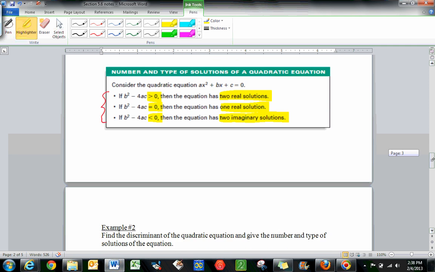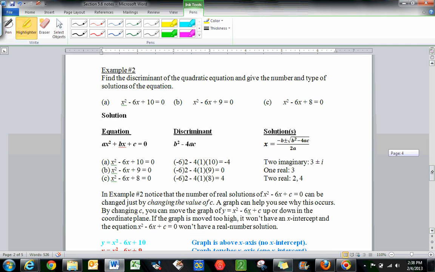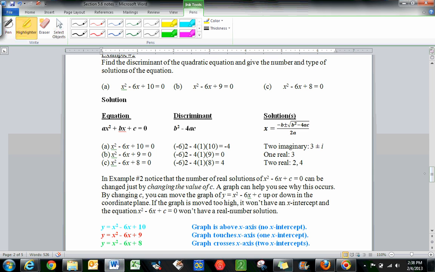If we go down and look at another example, we can actually use the discriminant b squared minus 4ac without using the entire quadratic formula, and we can determine what type and how many of each solution we're going to have.